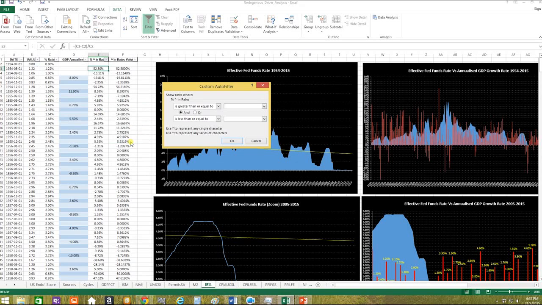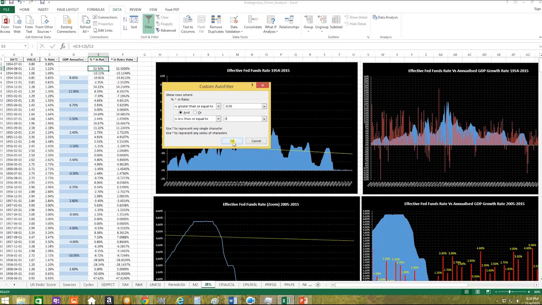And if we just pick an example, we look at minus 5% and 0%. So what we're doing here is looking for the percentage change in interest rates that falls between 0 and minus 5%, and we're going to look at the levels of GDP that correspond to these percentage changes in interest rates since 1954.